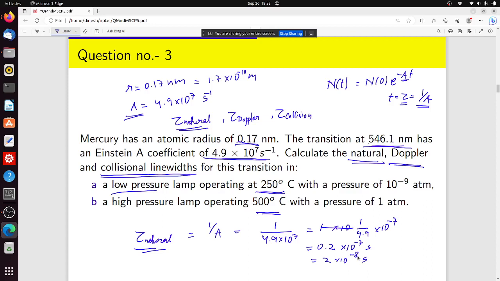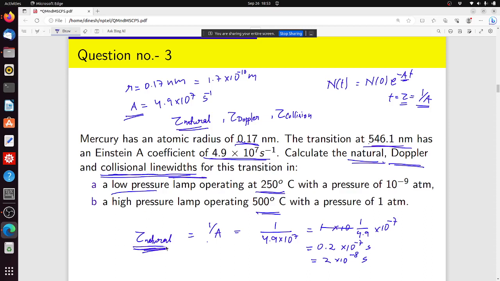Okay, so what do we have to calculate? Sir, in this case tau natural is directly 1 by A, we can put here. Yeah, tau natural is 1 over A, right? But in the previous case we have written the formula 2 by delta omega half. Yeah, sorry, we have to calculate the line width.